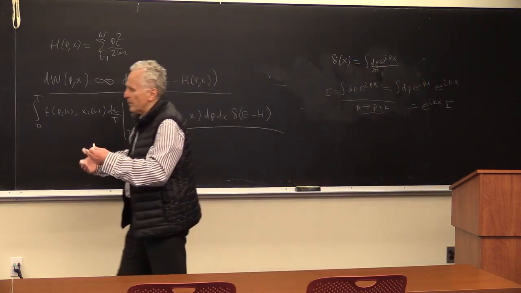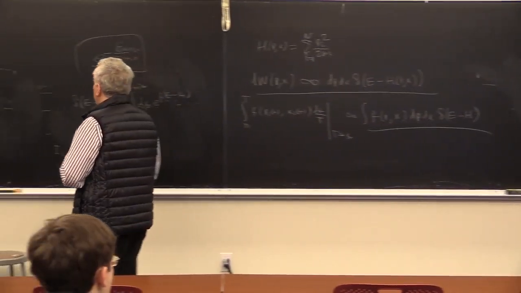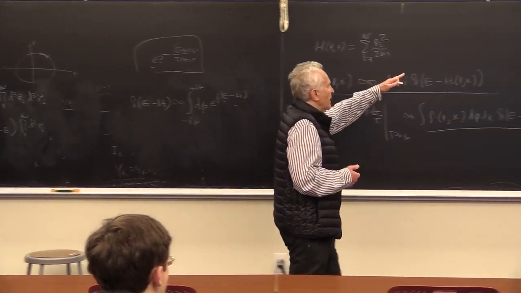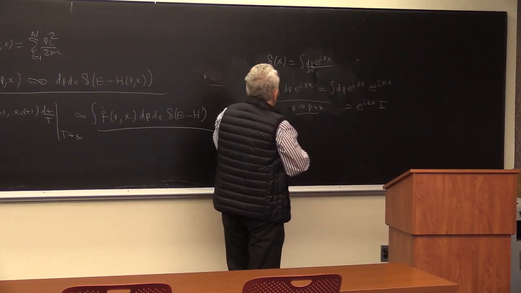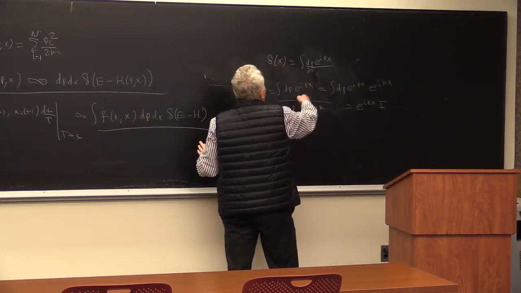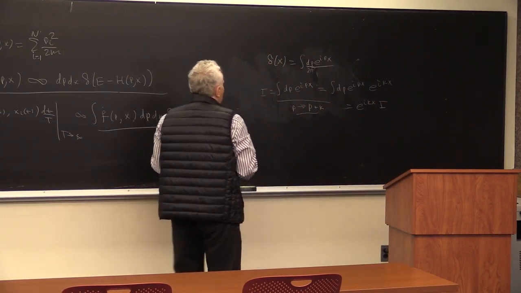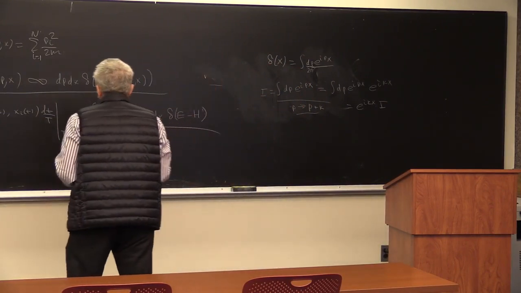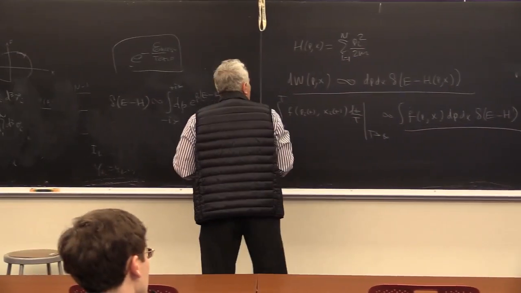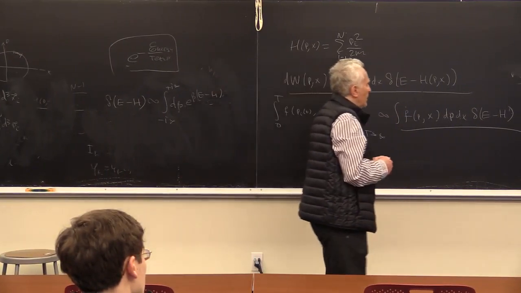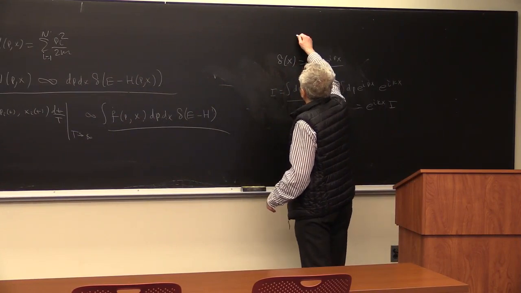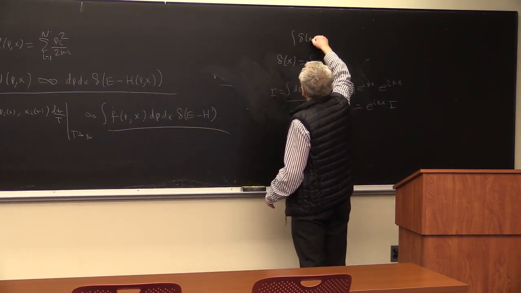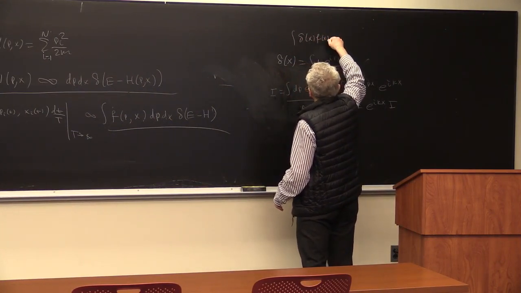Then you have, of course, to check that when you multiply it by some function and integrate over x, then you get the basic relation of the delta function.